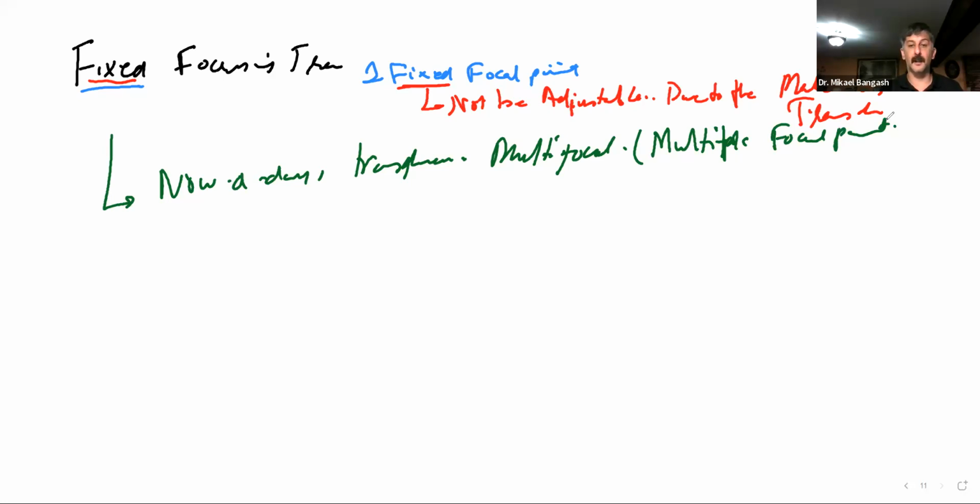And not only are there multiple, but we can actually move them down to greater depths or move them up to shallower depths.